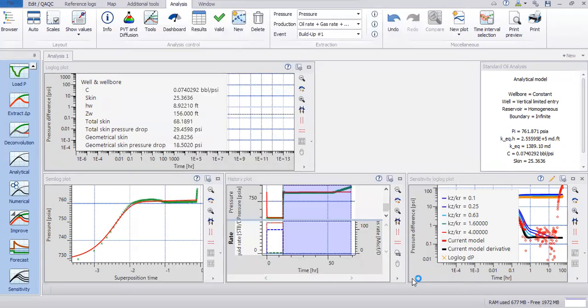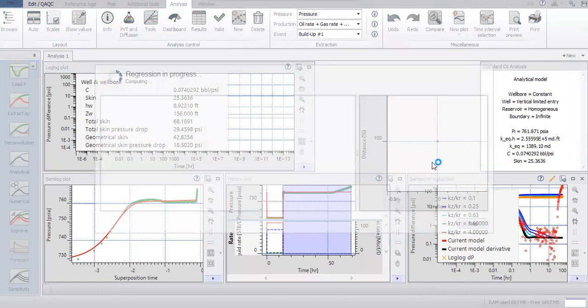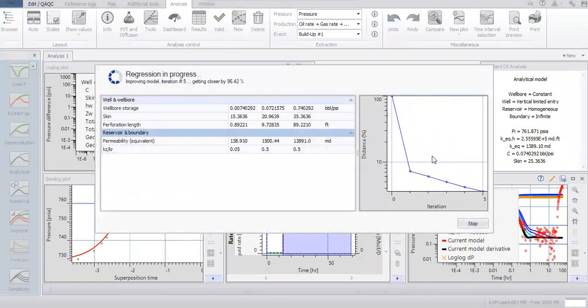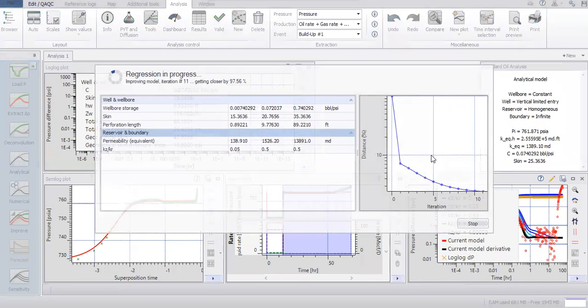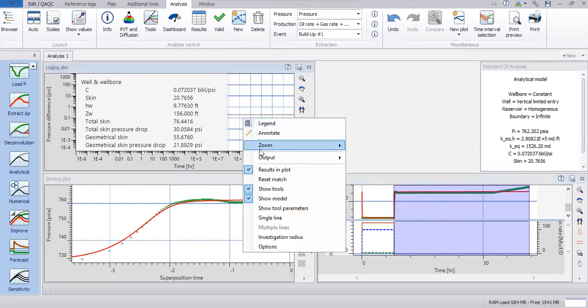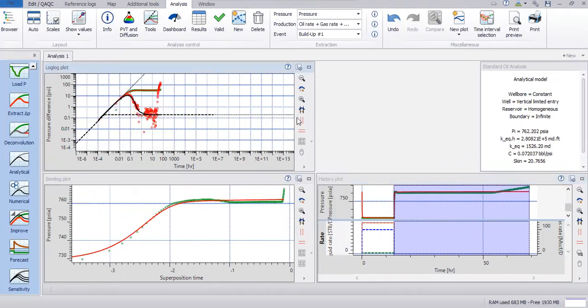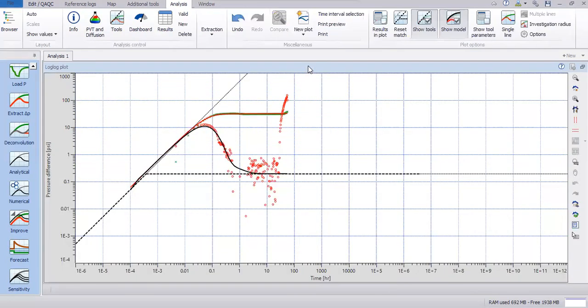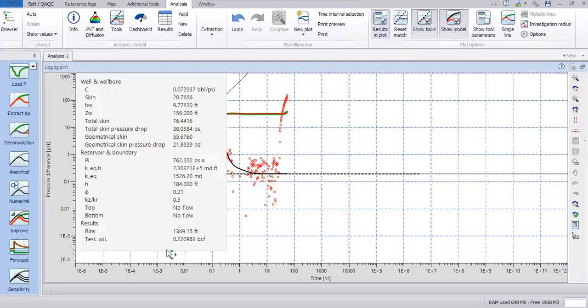And yeah, okay, so what do we get? Which is still good. KZKR 0.5. All right, I think it's quite good.